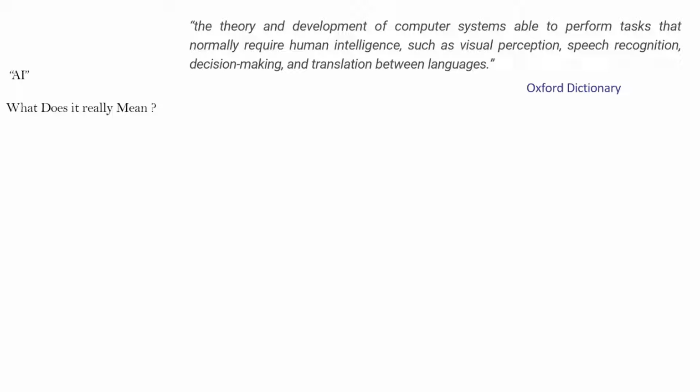What kind of human intelligence? Such as visual perception, like the program would be able to identify some object by looking at it, not by being fed by a human. Speech recognition, where the computer should be able to understand human language, and it can suggest to you in your decision making, and the translation between languages. So it is a very high level but to the point definition given by the Oxford Dictionary.